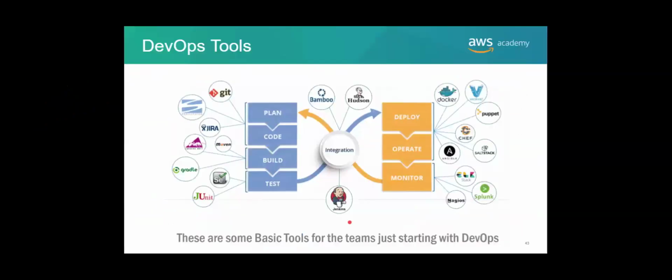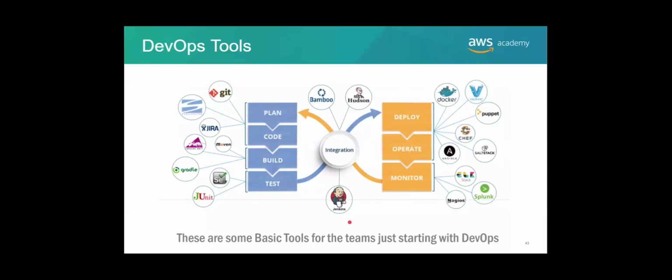So it's not necessary. Now here you see mainly the basic tools for teams just starting with DevOps. For the plan phase, we have Jira. Next, the build phase, we have Gradle. For the testing phase, we have Selenium, JUnit.